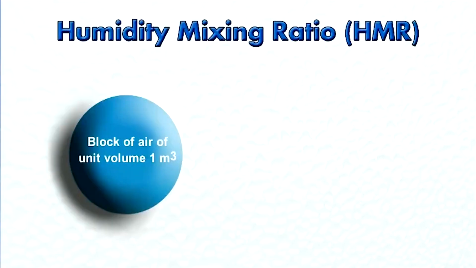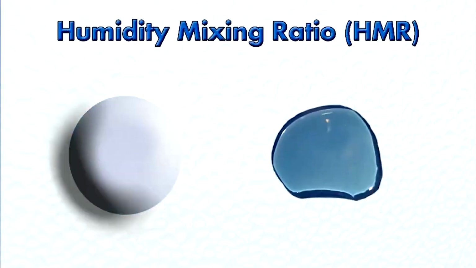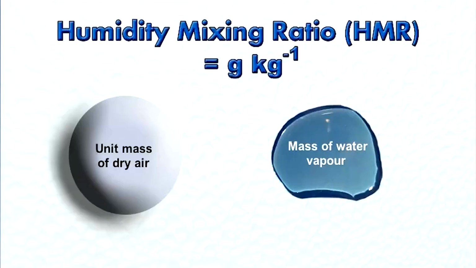Humidity mixing ratio or HMR is a similar property to absolute humidity, in that it is a measure of the amount of water vapor contained in a sample of air. But whereas absolute humidity is the mass of water vapor in a unit volume of dry air, the humidity mixing ratio is the ratio of the mass of the water vapor to the mass of the dry air. It is expressed in grams per kilogram.